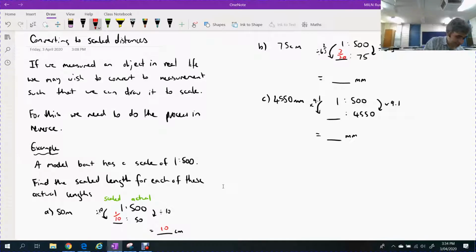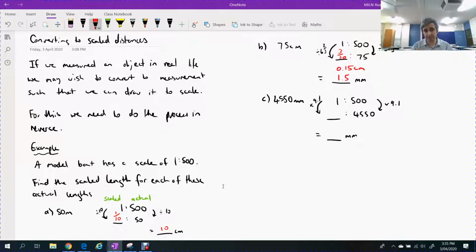Which, if I find that out as a decimal, it gives me 0.15 centimetres. Now if I convert that to millimetres, I times it by 10, which will give me 1.5 millimetres. It'll be a rather small length on my boat.